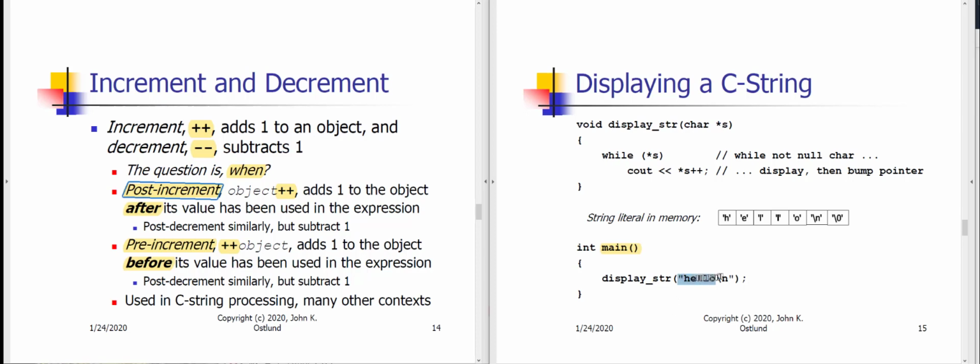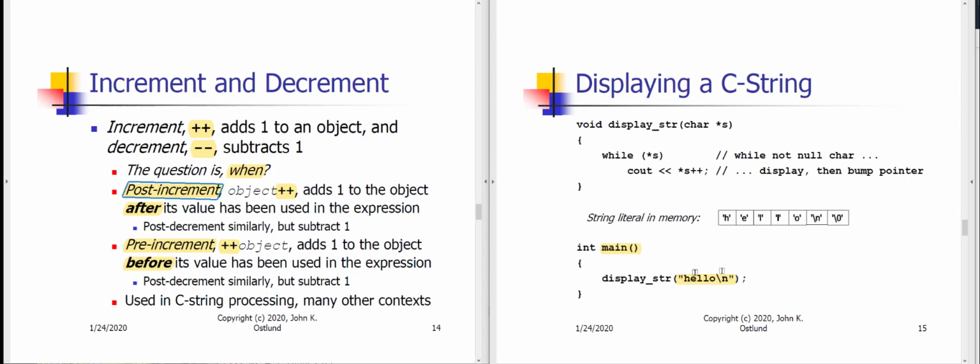The argument to DisplayStir is a string literal. Because I have this string literal in my code, memory is allocated for this unnamed array of 7 chars: HELLO, new line, null.